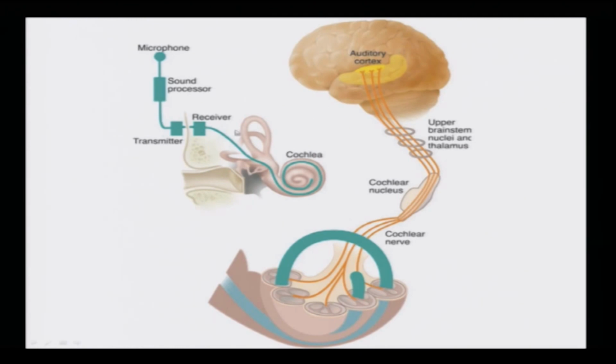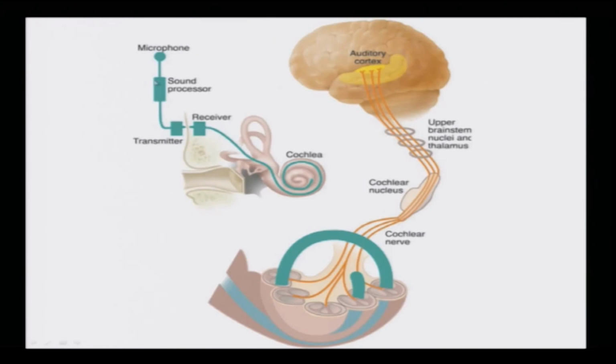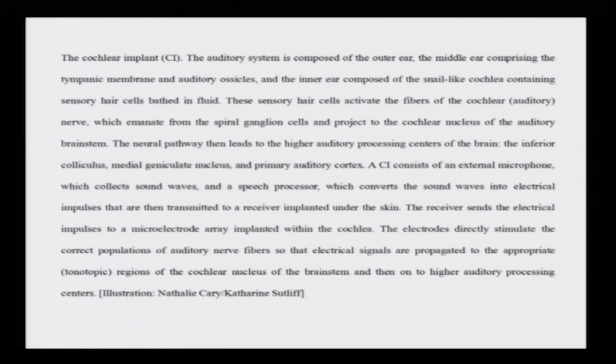So, essentially, say for example, if these hair cells of yours are all damaged, what you do is feed the sound information directly to the cochlear nerves, and the cochlear nerves take the whole information through the cochlear nucleus to the auditory cortex of the brain, where it is being processed. So, you are bypassing the whole cochlea, and this is what I wanted to highlight in one of the previous lectures. So, this is how the cochlear implant looks.